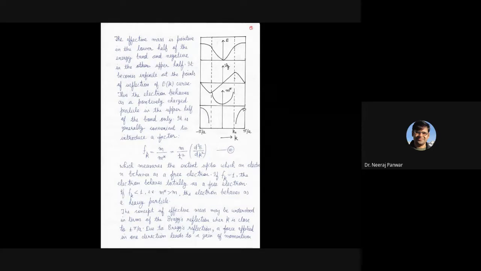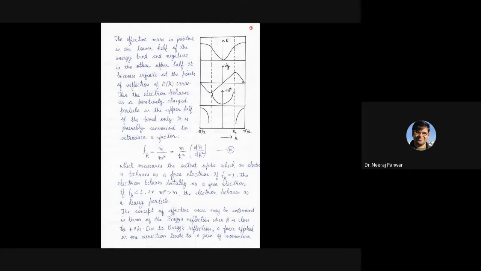And you see the effective mass of the electron becomes negative. At the zone boundary, the velocity is 0, but the effective mass is still negative.